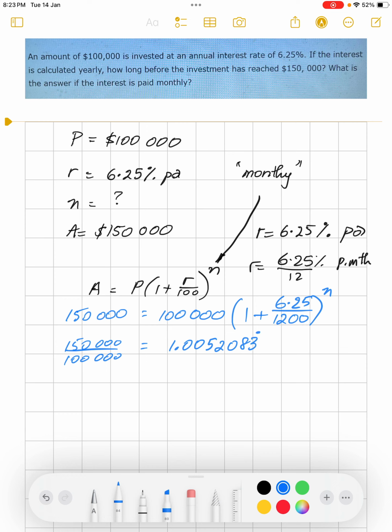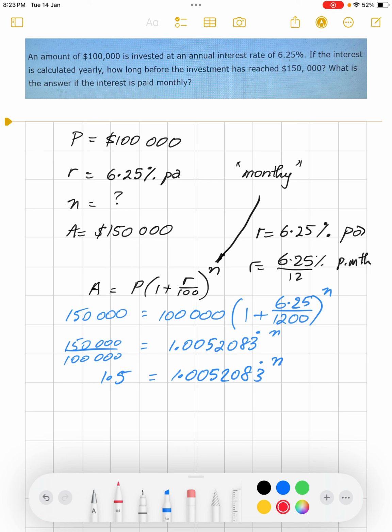It possibly is. 12 is a divide by, we've got a 3 in there, so that's possibly recurring. And to the power of N. Yep, I've rotated the calculator. It does recur 3. Now, this is 1.5, and this is 1.0052083 recurring to the power of N.